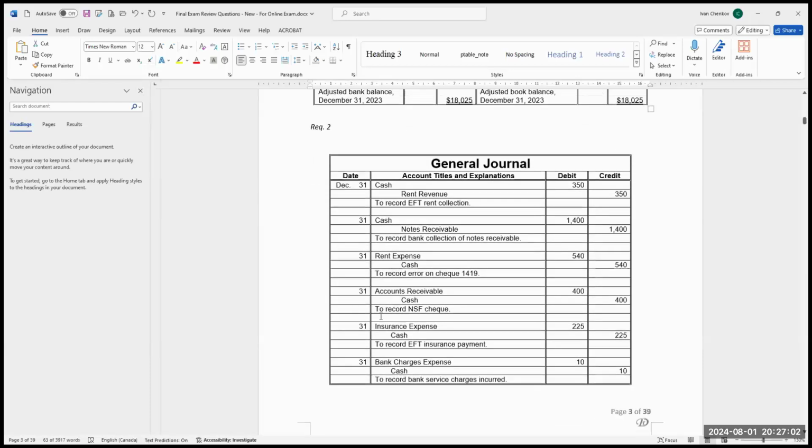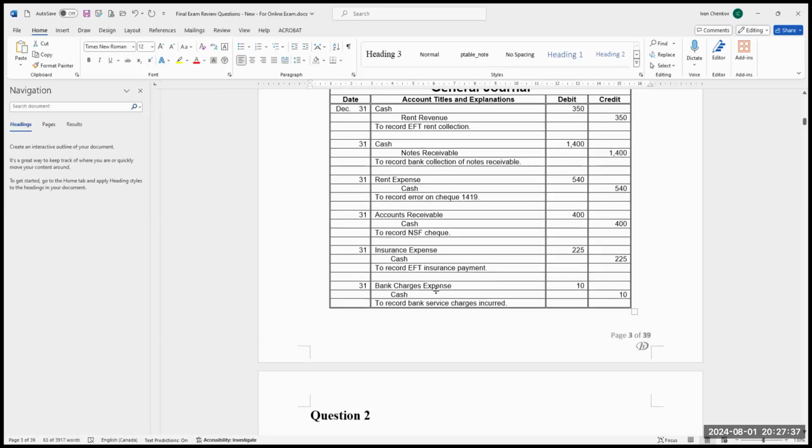The only thing that I did different from the question is that for every single event you have to do a separate journal entry. So one entry for the rent revenue, one entry for the note receivable, one entry for the rent expense, one entry for the accounts receivables, one entry for the insurance expense, one entry for the bank service expense. All separate entries.